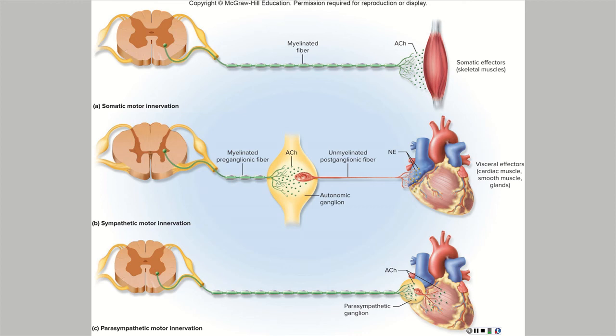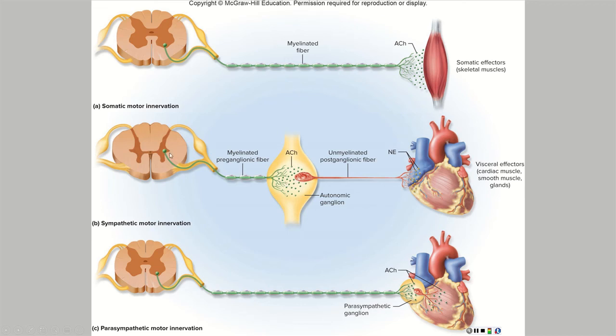So first, let's look here at this middle picture. This is the sympathetic nervous system layout. Well, in the sympathetic nervous system, the ganglion is going to be right next to the spinal cord. It's right next to the spinal cord.